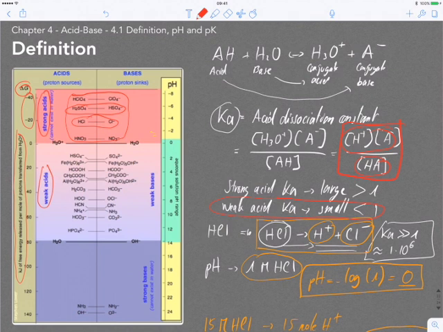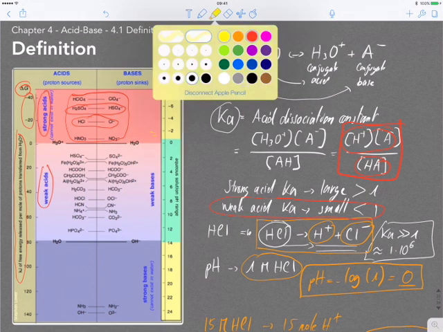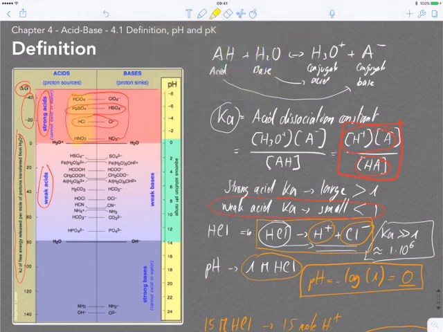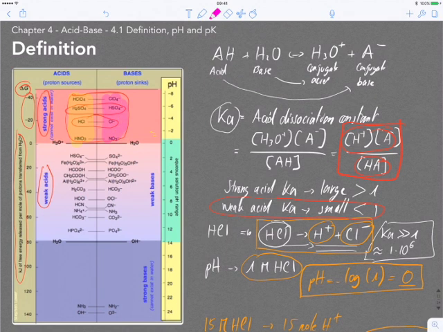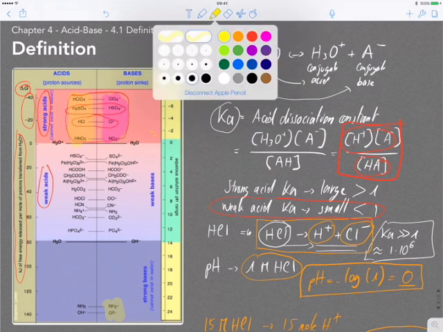That means those acids here, let's take another color here, those acids here will not be found in solution. You will always only find this part of the equation in solution. The same way, those bases here that are very, very strong bases will not be found in water.